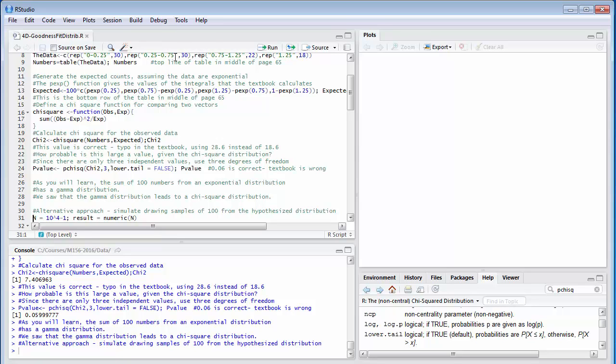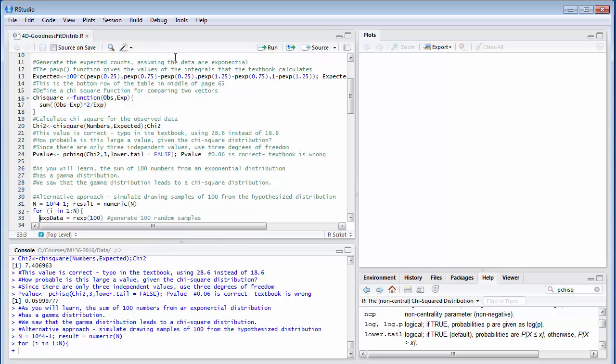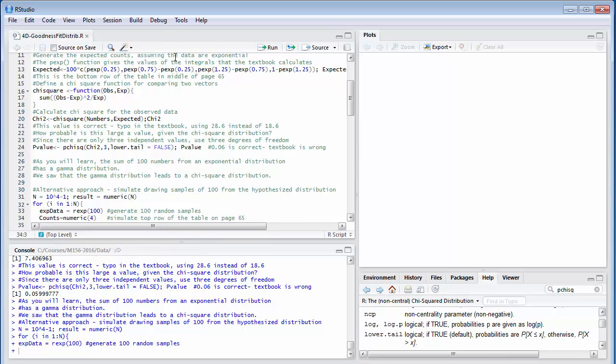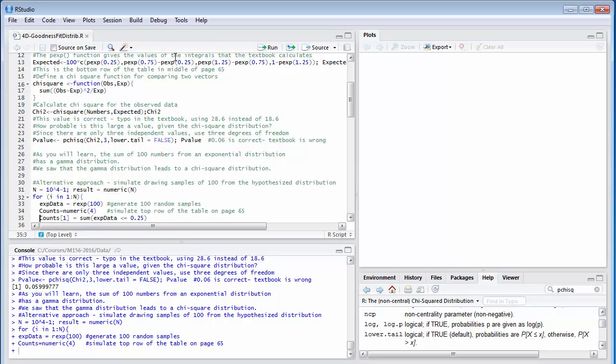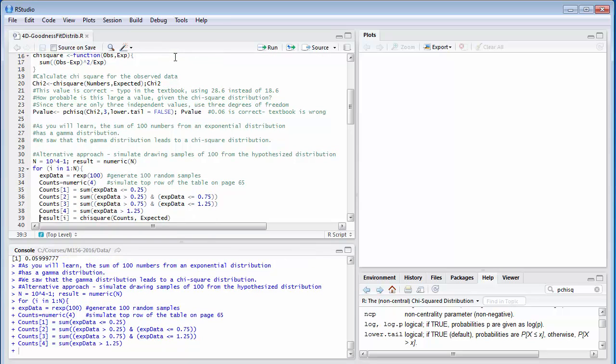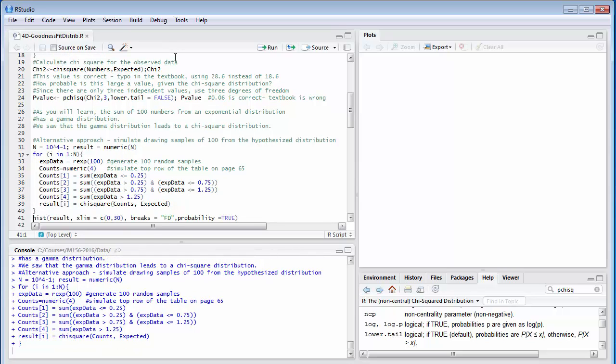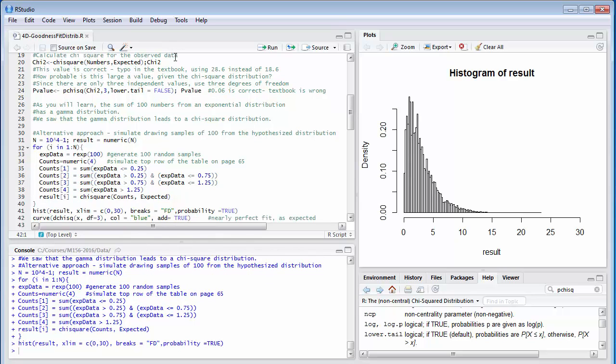Suppose we just almost 10,000 times, 9999 times, do a calculation where we generate 100 random samples from the exponential distribution with parameter 1, figure out how many of them give less than 0.25, etc., etc., and then calculate the chi-squared function evaluated on the actual number of counts that we get from this randomly generated sample and the expected number of counts, and plot a histogram of the result.